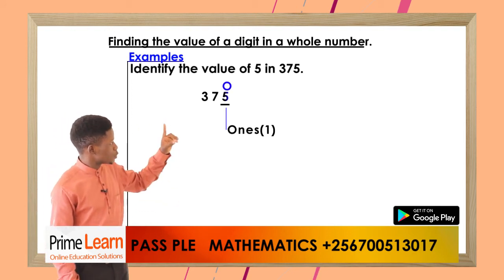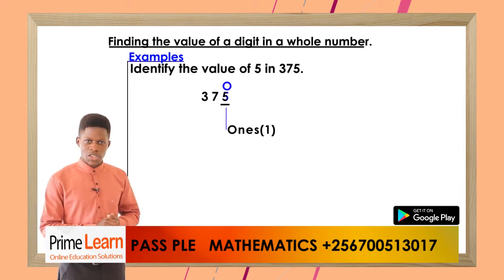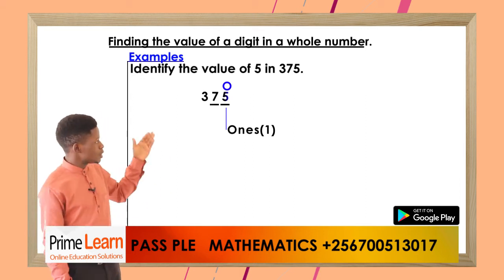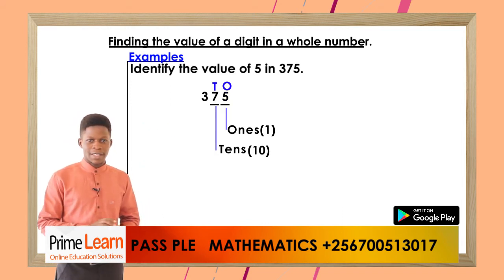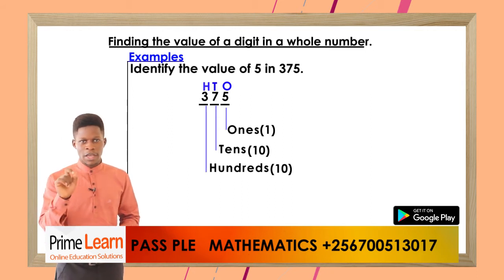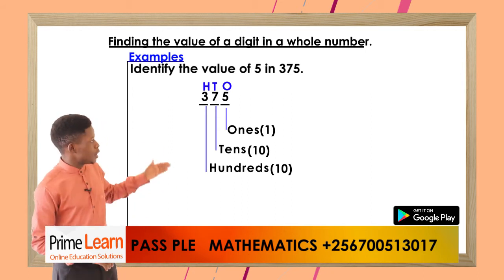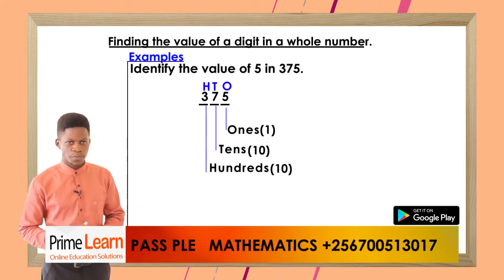So we are going to put there ones. When we go on to the next digit, which is digit 7, it's going to be in the tens place value. That's why we are writing there its initial, that T. And then we continue to digit 3, we shall put there its initial as H. So digit 3 is going to be in the hundreds place value.